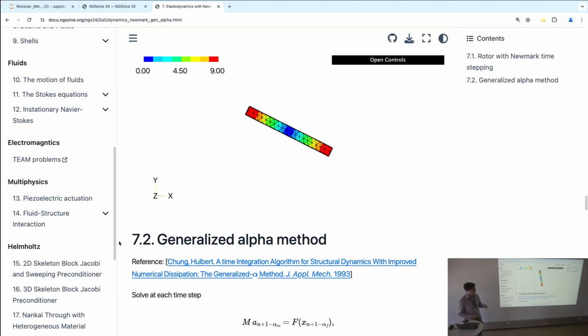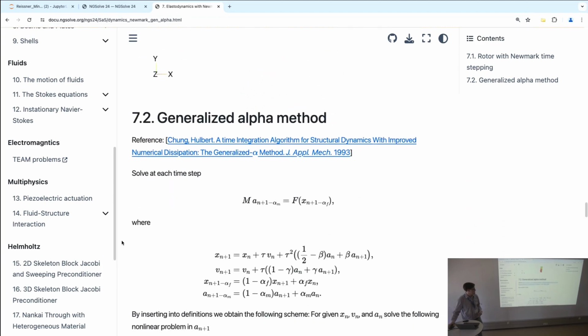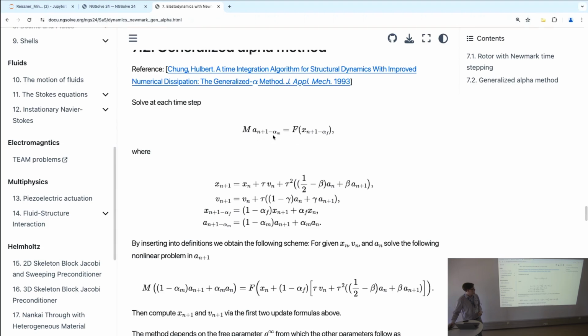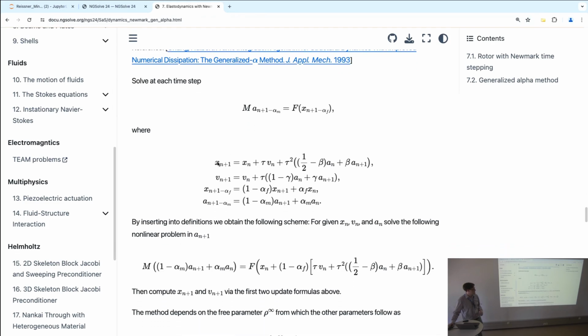And therefore the generalized alpha scheme is very nice, which is like an extension of the Newmark scheme. So we now solve the equation at some slightly different time steps, and also our update scheme has some more parameters, alpha, so just alpha scheme, beta and gamma.